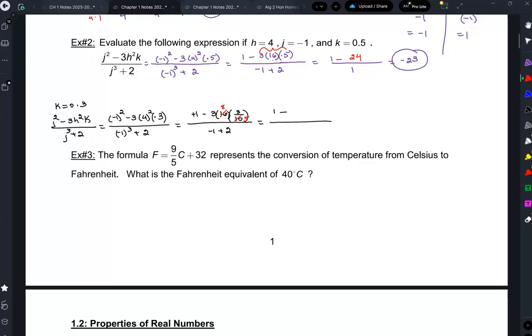So then this will be 3 times 8, 24, times 3, 72, over 5. Okay? And then over 1. So then 1 is 5 over 5 minus 72 over 5 all over 1. And that 1 underneath doesn't matter. So this is -67 over 5.